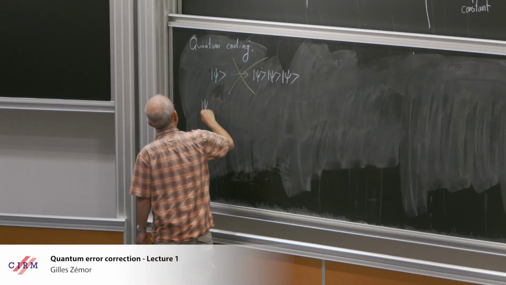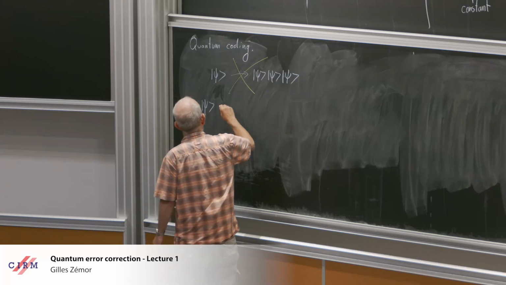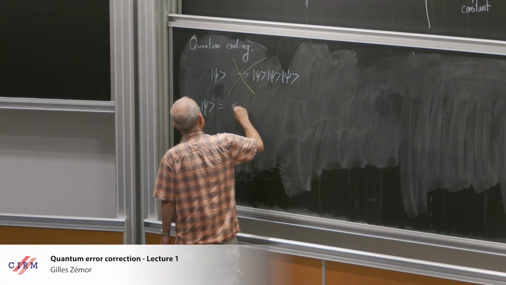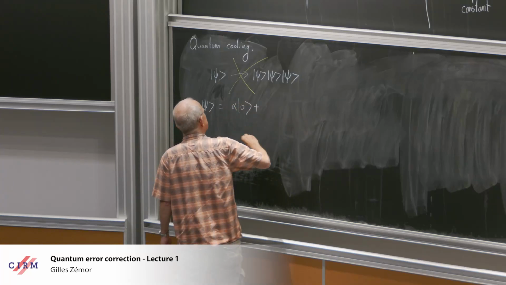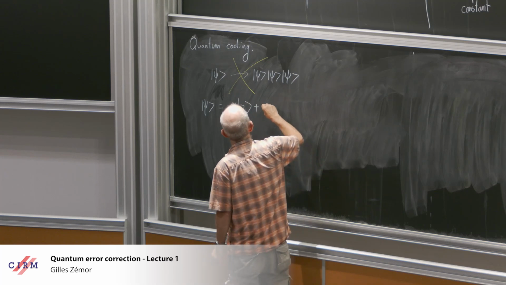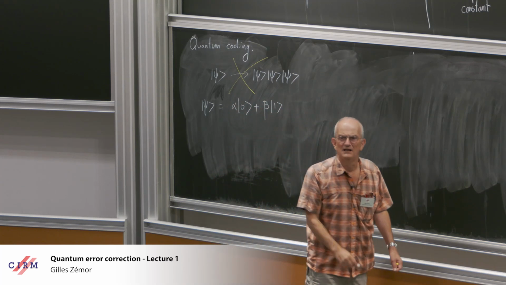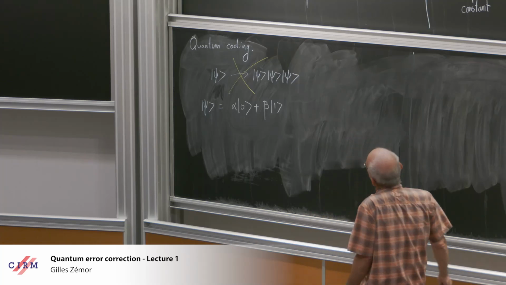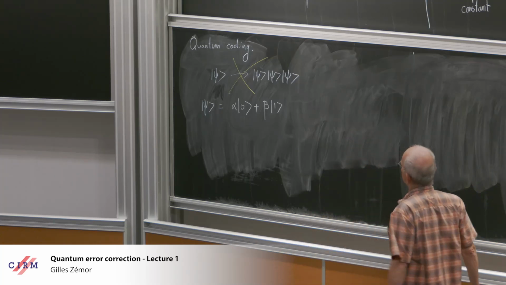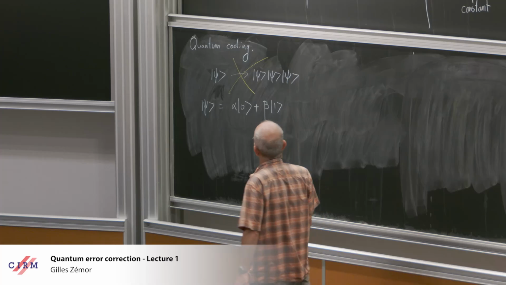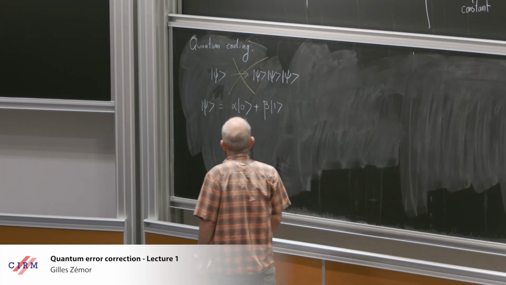So suppose you start from a quantum state which is just a single qubit, alpha 0 plus beta 1. What could you do? You can do the equivalent of classical repetition. How would it go?